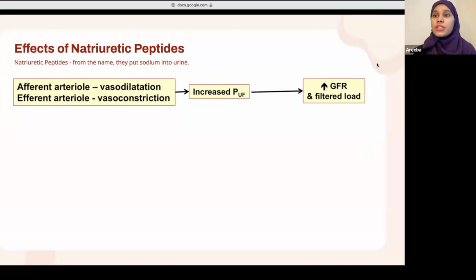In the glomerular capillaries. So you have an increase in the hydrostatic pressure. And what's going to happen if you have an increased hydrostatic pressure? You're going to increase the GFR. Because remember, the GFR is most dependent on the differences in the hydrostatic pressure, right? So you're increasing hydrostatic pressure, and then you increase the GFR as well.